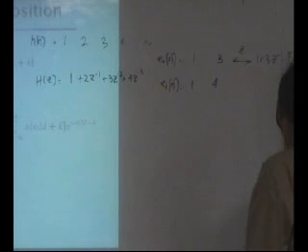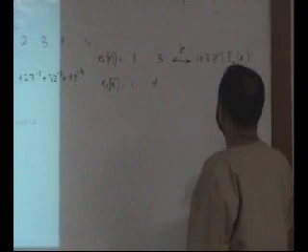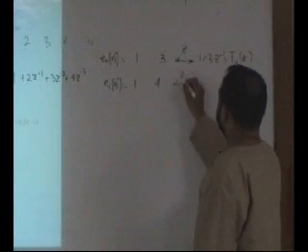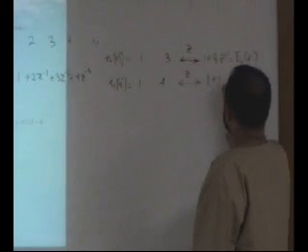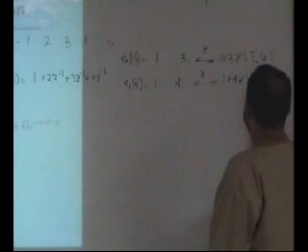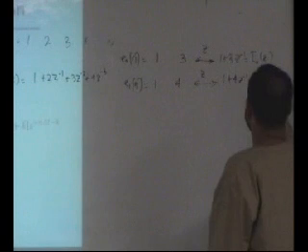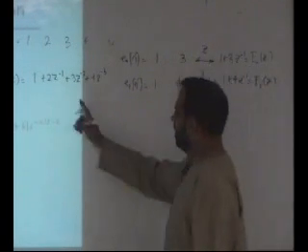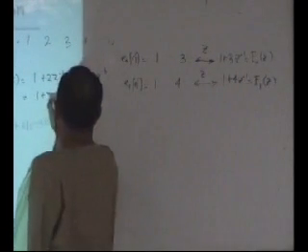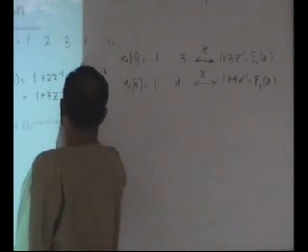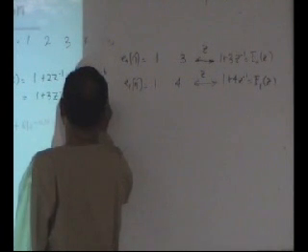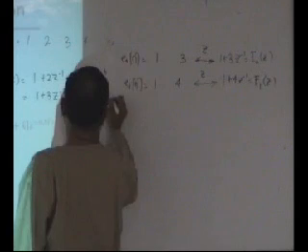So this is my E0 of Z. What is my Z transform here? 2 plus 4Z inverse. This is my E1 of Z. Now I rewrite it like this: 1 plus 3Z minus 2 plus 2Z minus 1 plus 4Z minus 3.